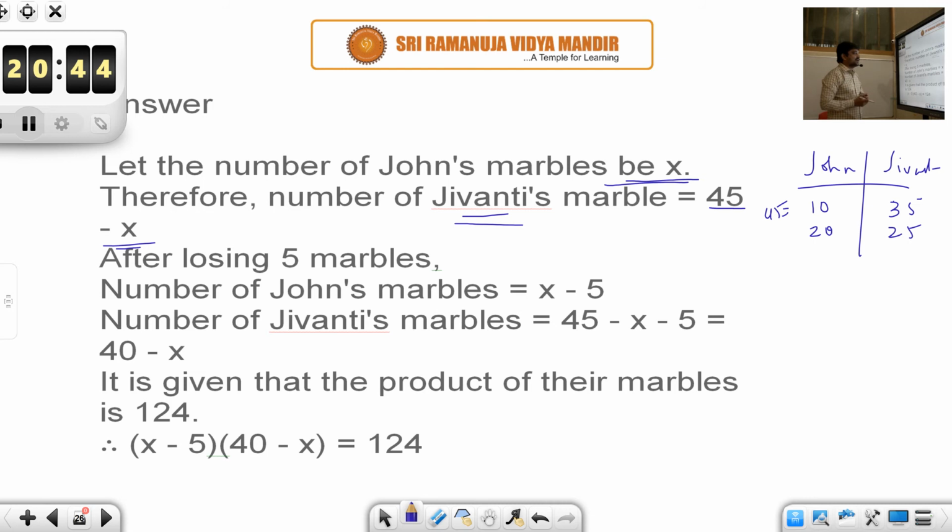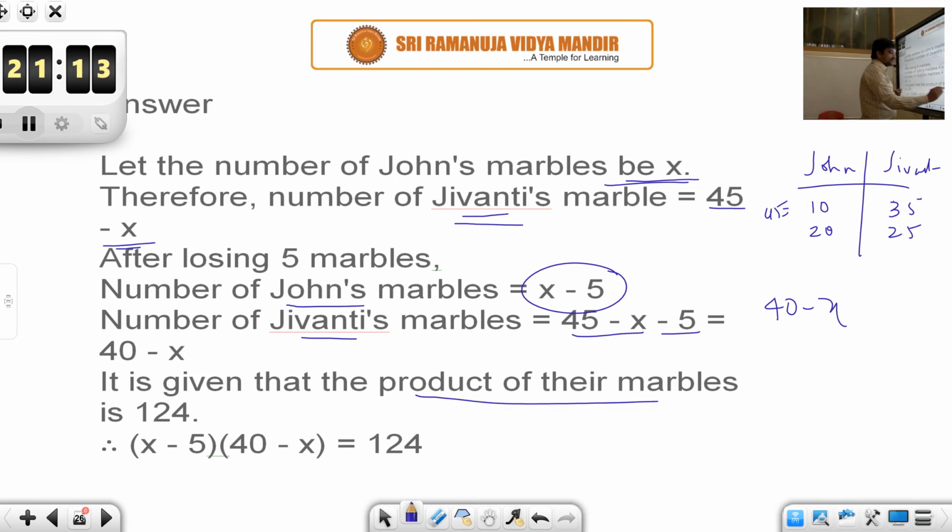Now both John and Jeevanti lost 5 marbles each. So the number of John's marbles would be X minus 5. Similarly Jeevanti, initially 45 minus X, after losing 5 marbles will be left with 40 minus X. Now it is given that the product of their marbles is 124.